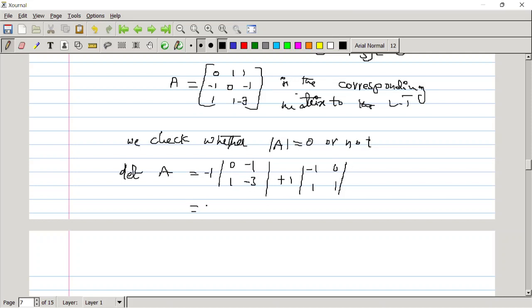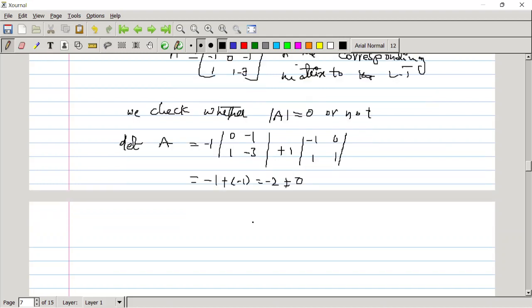This is nothing but 0 plus 1, so this is minus 1, plus this is minus 1 again, so this is minus 2, which is not equal to 0. So the matrix A is invertible.